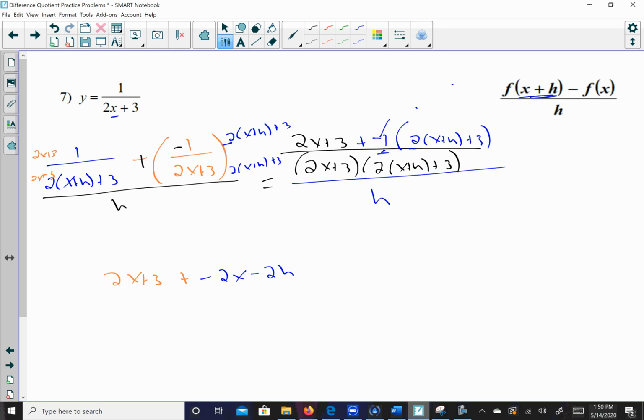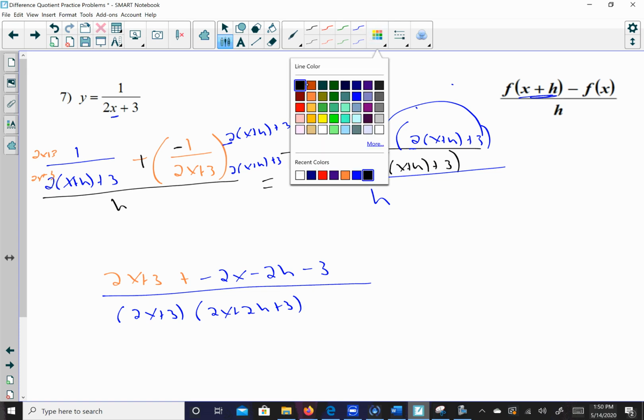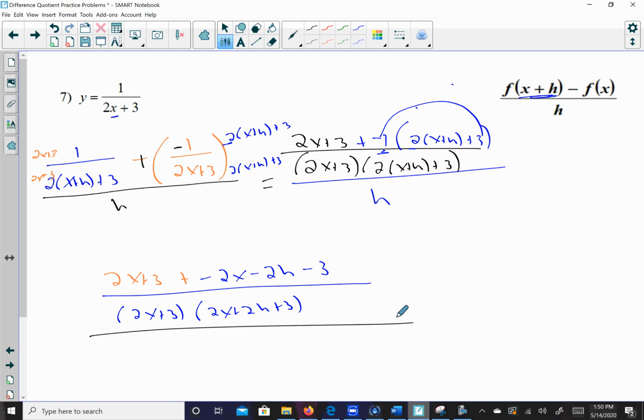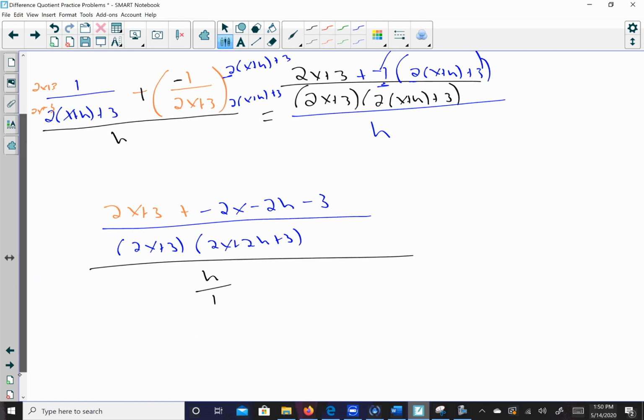And then this negative 1 times the 3 will be minus 3. All over my common denominator, 2x plus 3 times 2x plus 2h plus 3. And this is all over my h, which is h over 1. Just writing that so we remember that.